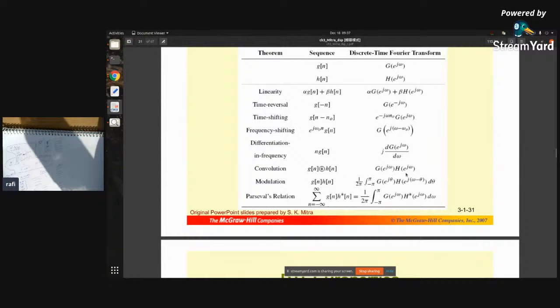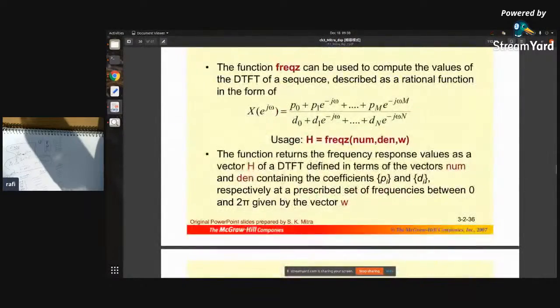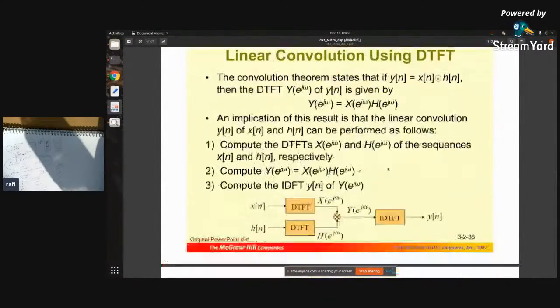Multiplication is easier on DSP processors. So generally, when you want to find the convolution of two signals, first find their DTFTs, multiply their DTFTs, and then take the inverse transform.